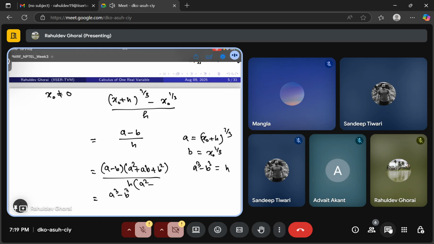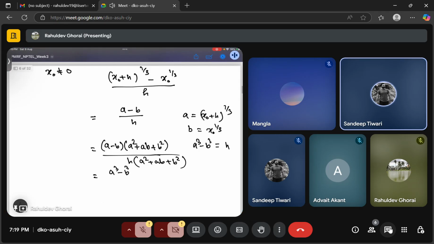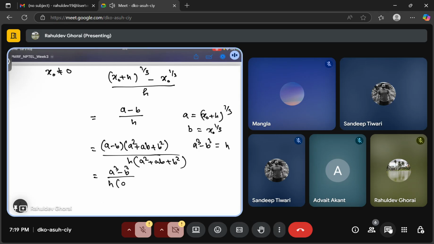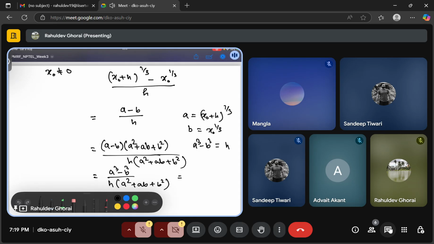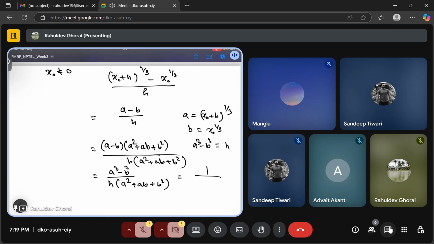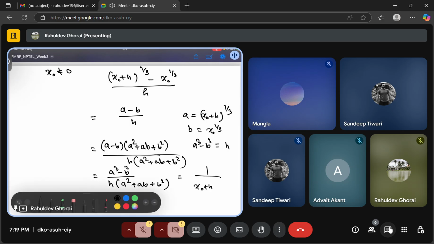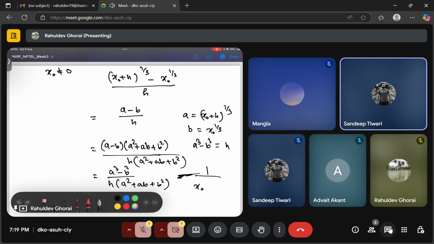Here you multiply by a square plus ab plus b square, then it will be a cube minus b cube over h times (a square plus ab plus b square), and a cube minus b cube is h, so h over h will get cancelled, right? So it will be a square plus ab plus b square.